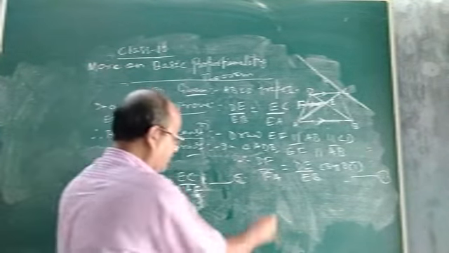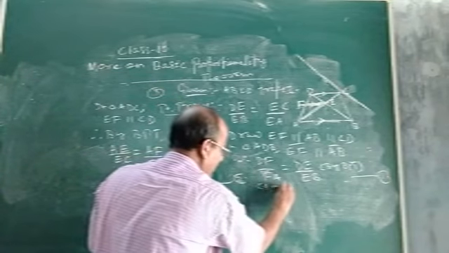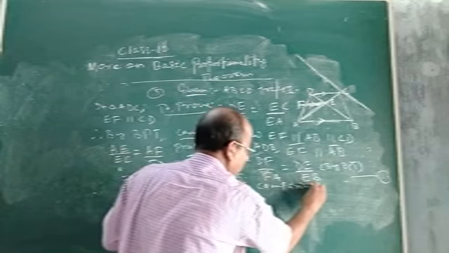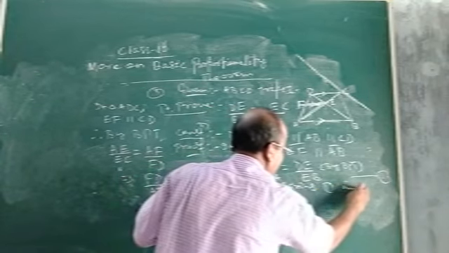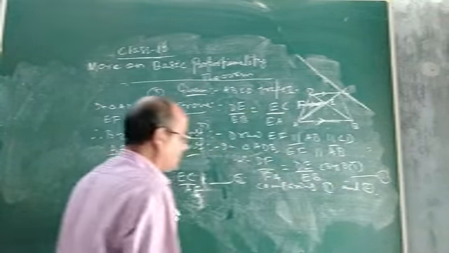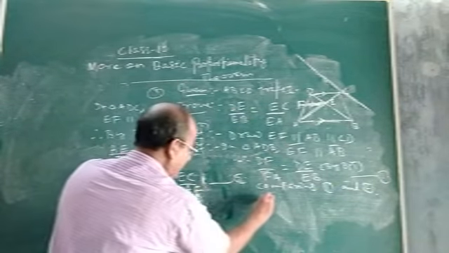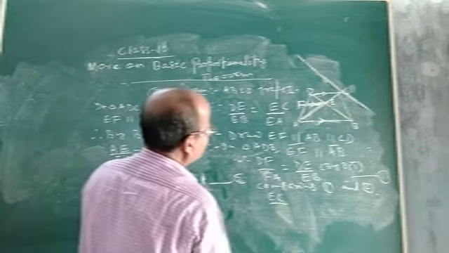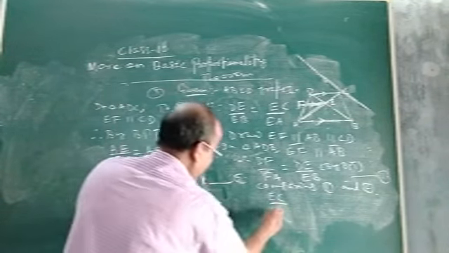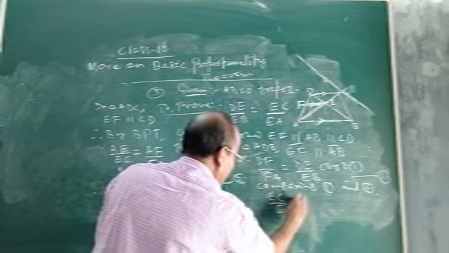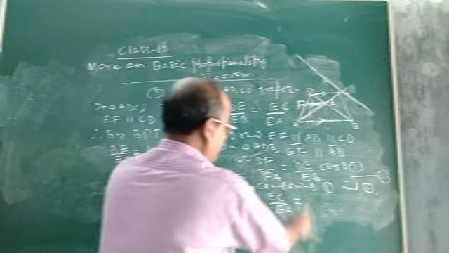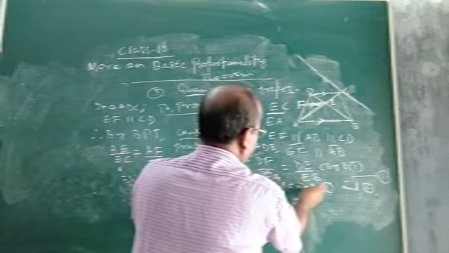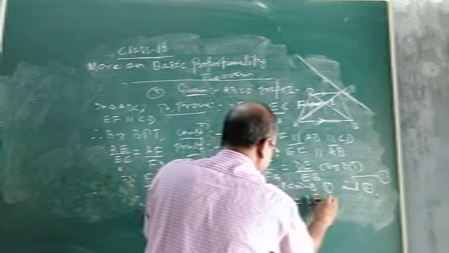That means comparing equation 1 and 2, what we will get? We will get EC by EA equal to DE by EB.